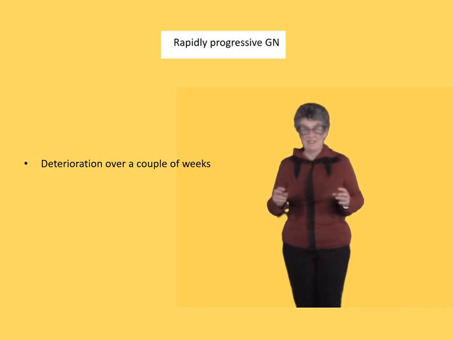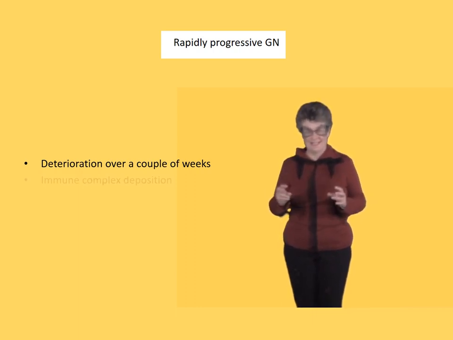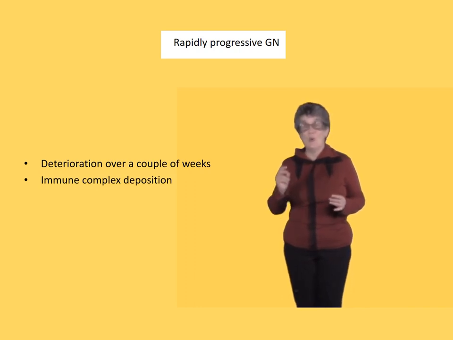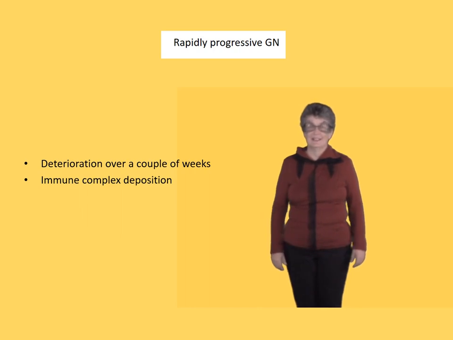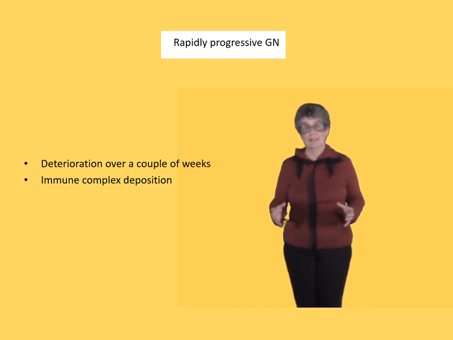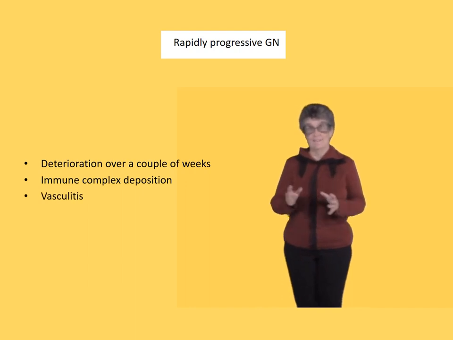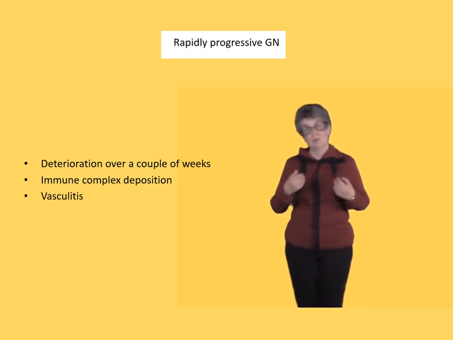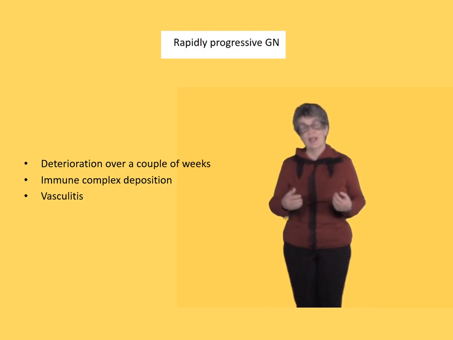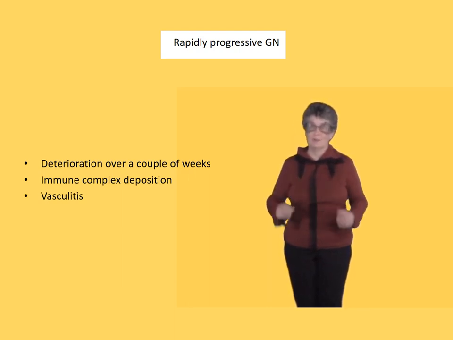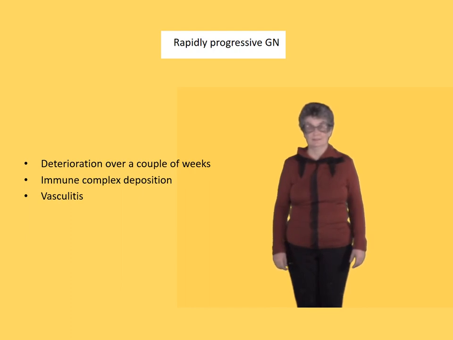It's often associated with immune complex deposition, such as in IgA nephropathy or post-streptococcal glomerulonephritis. It can also be caused by vasculitis, ANCA-related vasculitis. That's why we often test for ANCA when we're looking at people who have rapidly progressive glomerulonephritis.